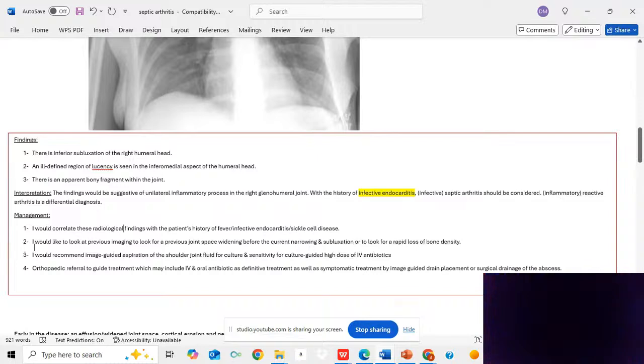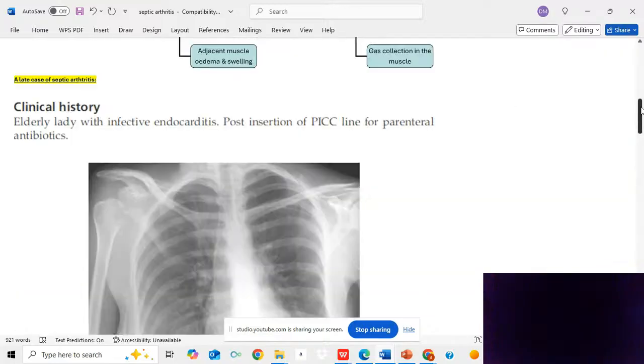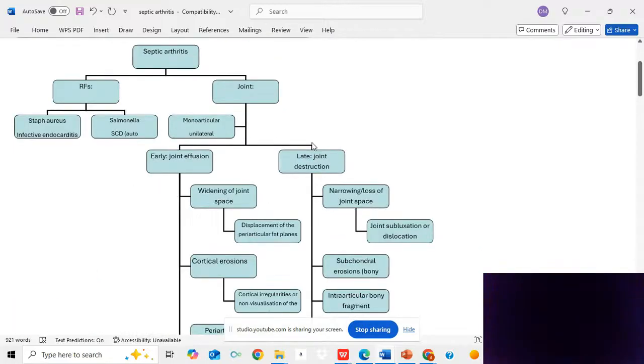Second one is I would like to look at previous imaging to look for a previous joint space widening, because this is a late case. The patient's previous imaging will most likely show the early form of the disease with widening of the joint space.